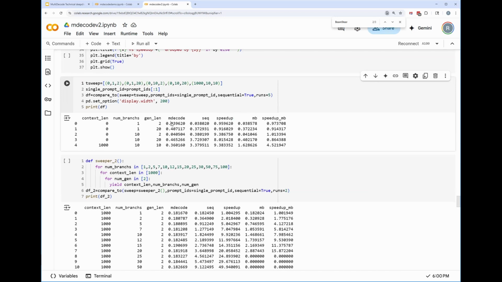And these are the execution times in this big frame. Under those three columns are the execution time averaged over some number of runs. So in this example, I just ran through these combinations here. So context 0 with one branch, 2 generated, one branch, 20 generated, 10 branches, 2 generated, 10 branches, 20 generated, and then one with a long context, 10 branches, 10 generated total.